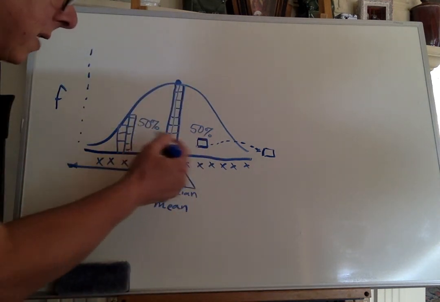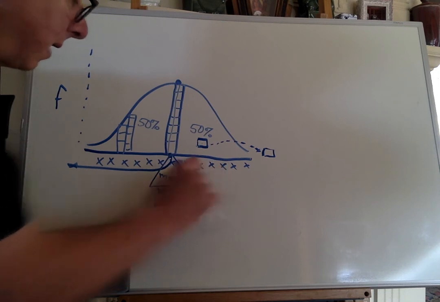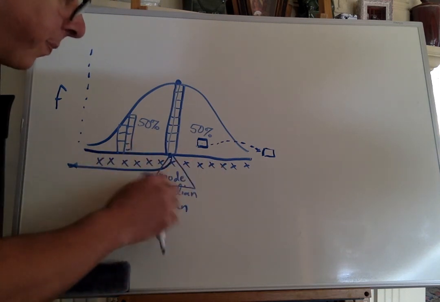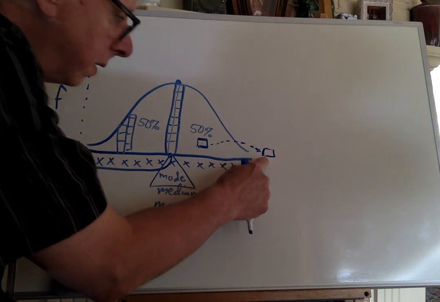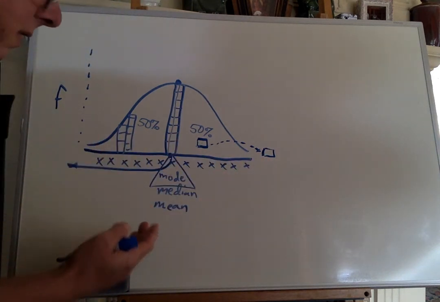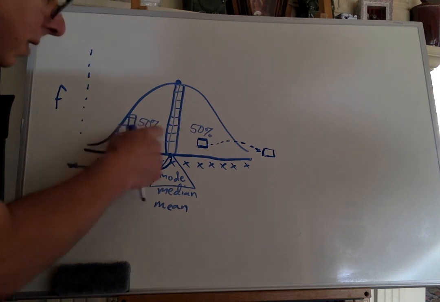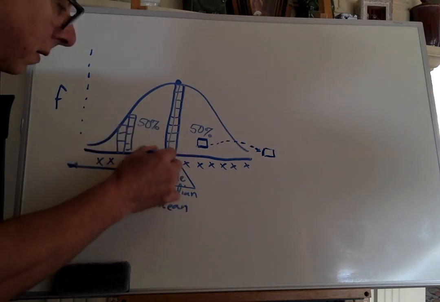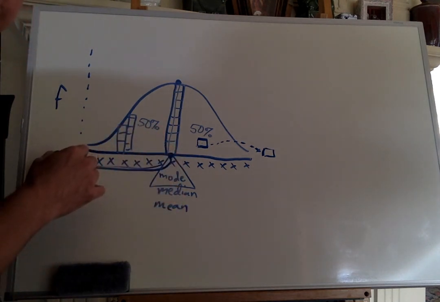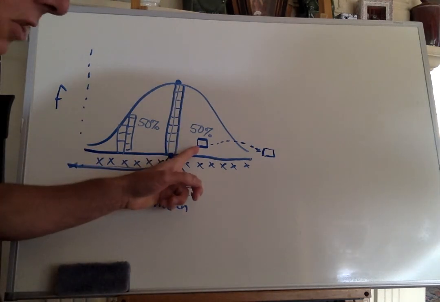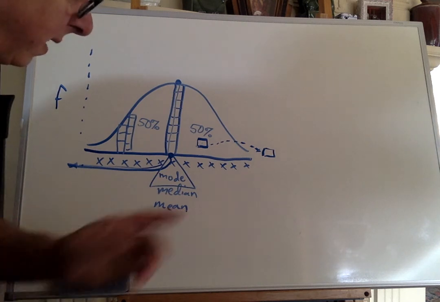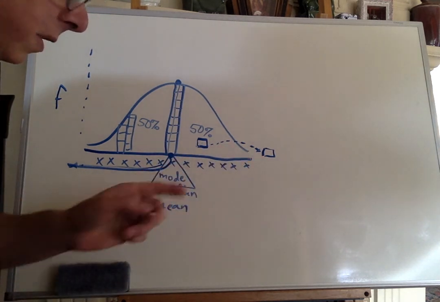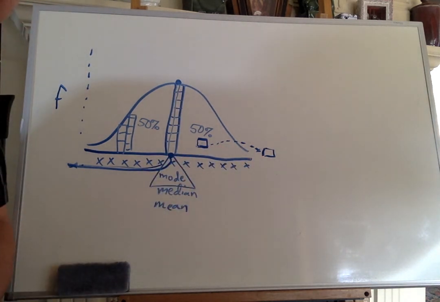If there were 100 blocks, we have 50 blocks on this side, 50 blocks on this side. If I move this from here to here, it doesn't do anything to the fact that we still have 50% of the blocks at this point and below. So changing that number of that person doesn't do anything to the median. Changing this number for that person does nothing with the mode.